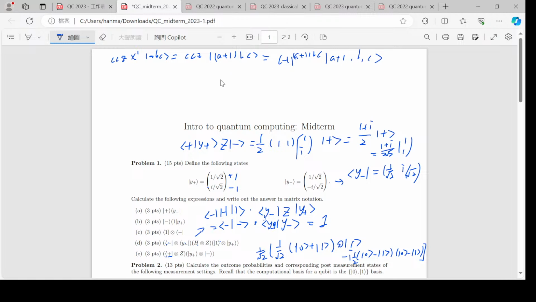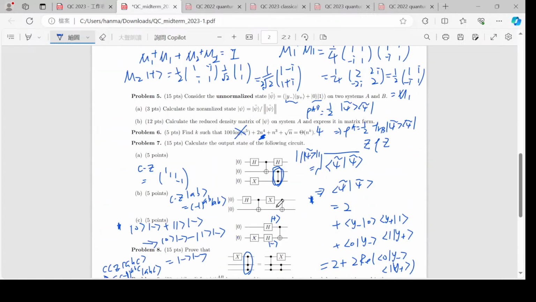Okay, and so that thing is just equal to, now we do some algebra, -1 to the ABC times -1 to the BC, on A plus 1, BC. Okay, and so that's basically this thing.